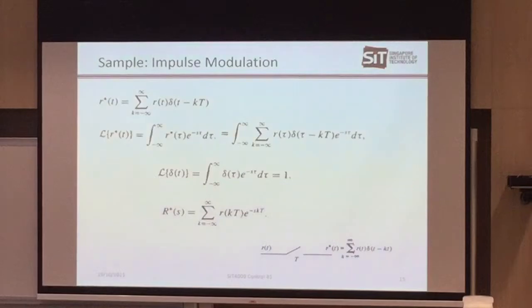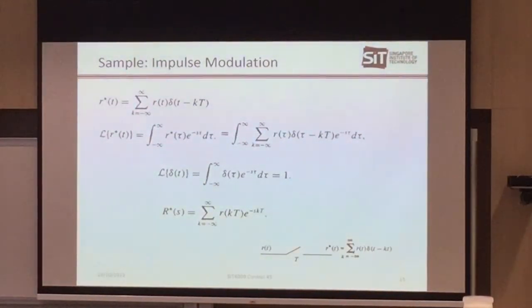And mathematically, what do we mean by sampling? Mathematically, sampling is considered as multiplication with the impulse function. At any sampling moment, we have an impulse function. At time equal to 0, I have an impulse function and I take the sample.